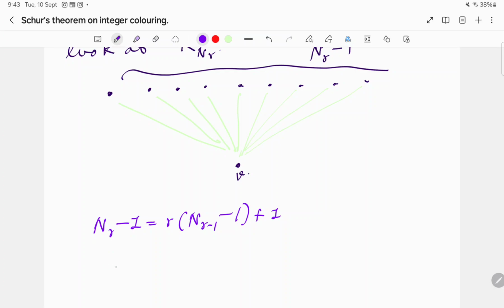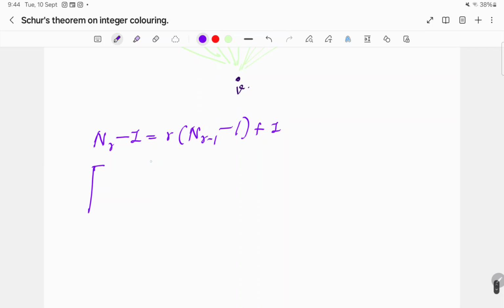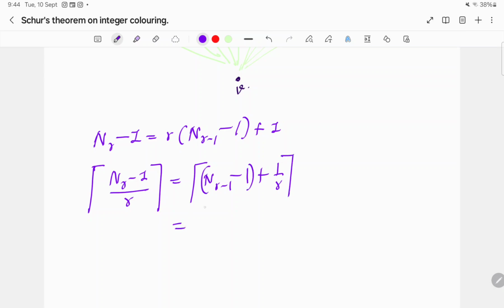Then definitely the ceiling of (N_R minus 1) by R, this is a number, we calculate this now. This will be equal to (R times N_{R-1} plus 1) by R, so this is going to be N_{R-1} plus 1.